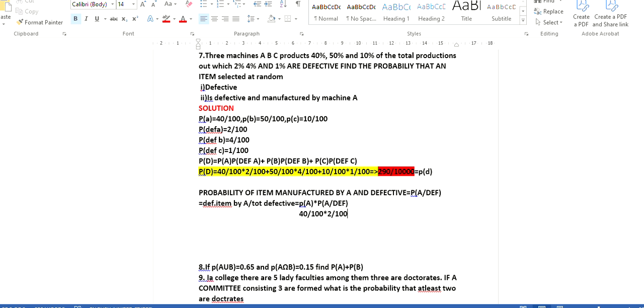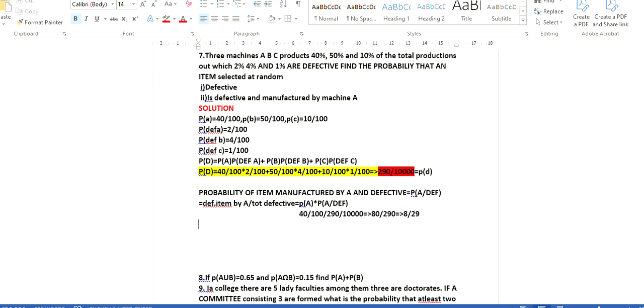A divided by total defective, that we got as 290 divided by 10,000. So after simplification you will get 80 divided by 290. Further simplifying we will get 8 by 29.